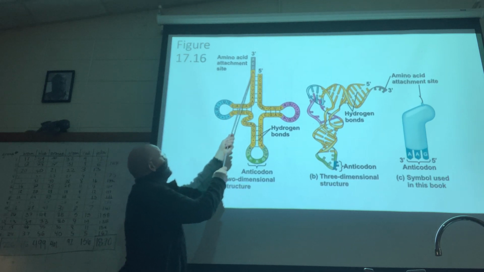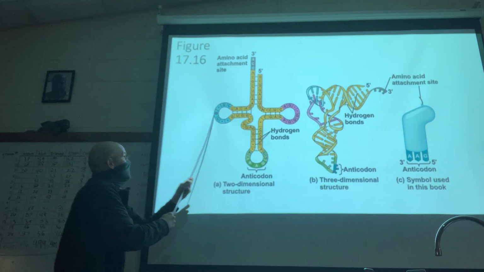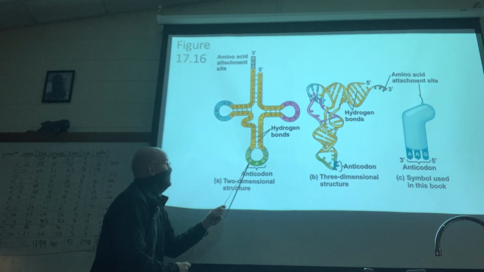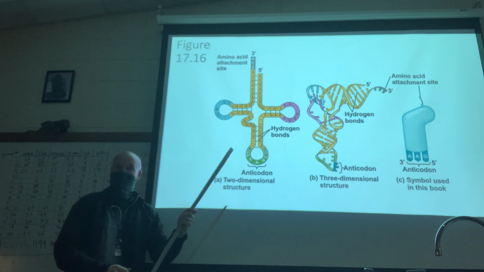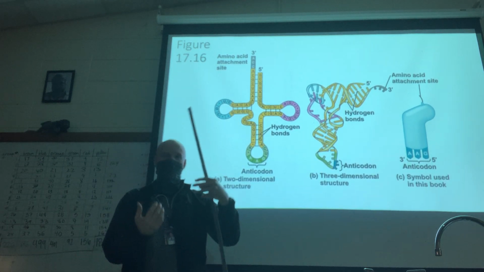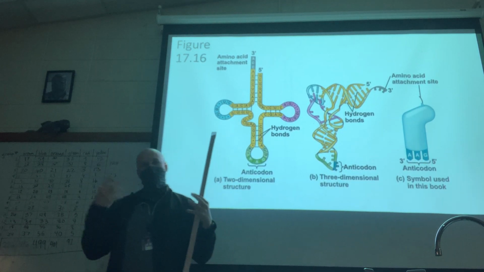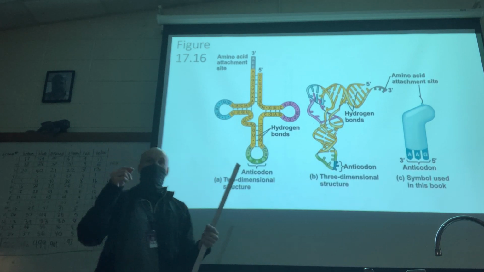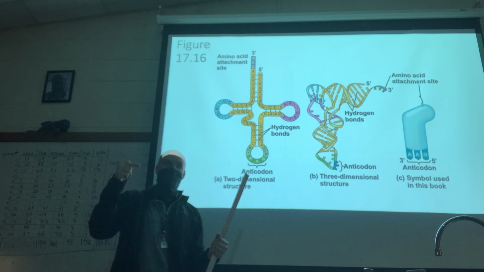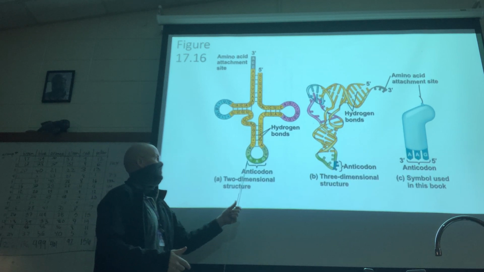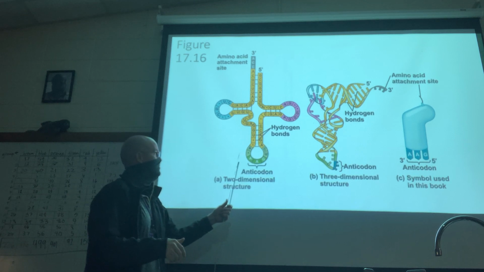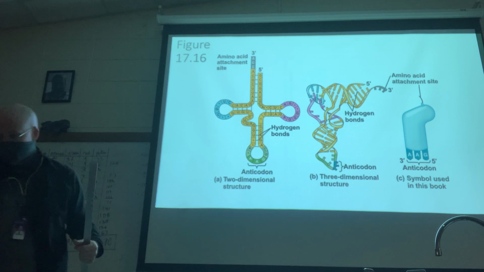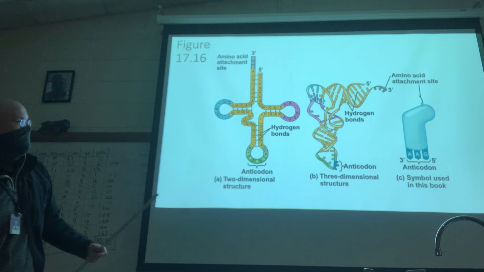This is the 3' end, and if you follow it around like you're playing a weird board game, this is the 3' to the 5' end. So it's always this weird anti-parallel thing that I just want you to be aware of. If the message is reading 5 to 3, the anticodons that are reading that message are from 3 to 5. The anti-parallel nature of these nucleic acids always comes up.